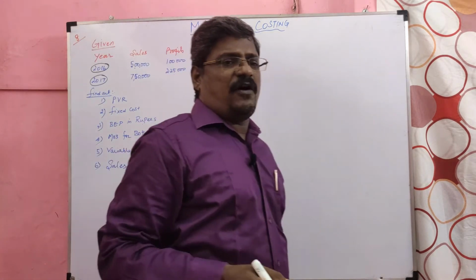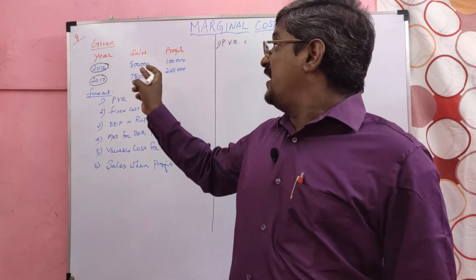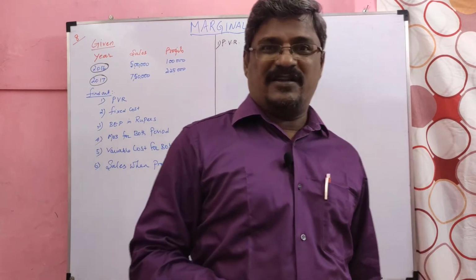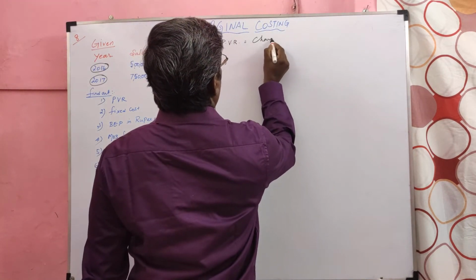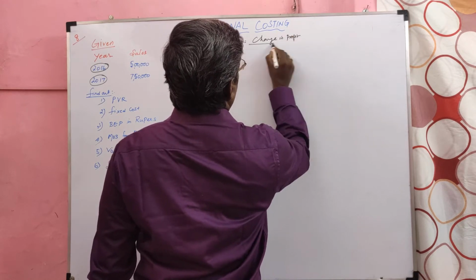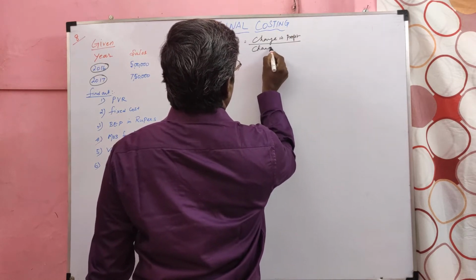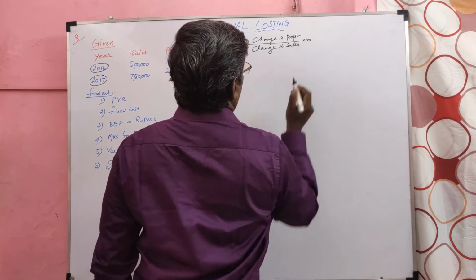Normally, the formula for profit volume ratio is contribution divided by sales into 100. But in this case, the formula will change. It will go like this: change in profit divided by change in sales into 100.